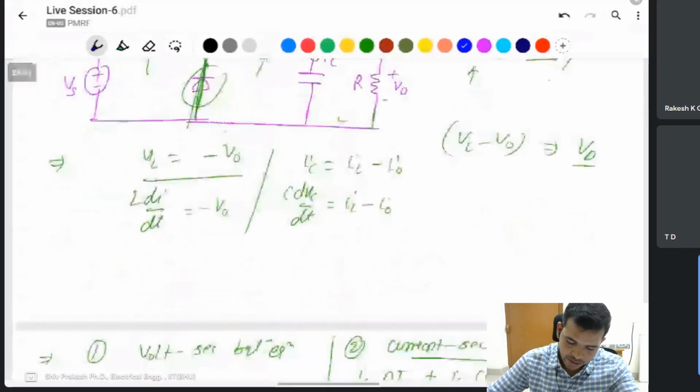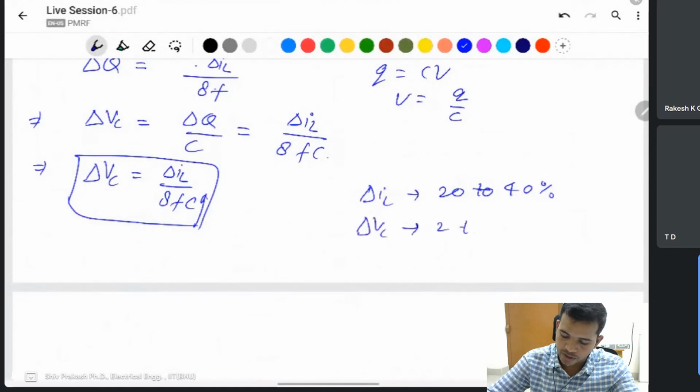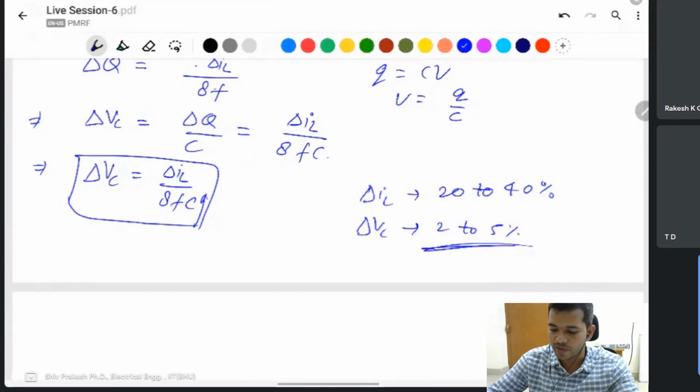In normal conditions, delta IL is taken as 20 to 40%, and delta Vc will be 2 to 5%. Keep it below this, because you require a constant output voltage. Because Vc is the same as V naught.